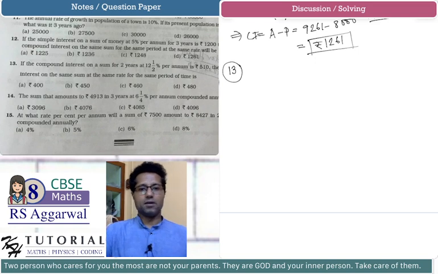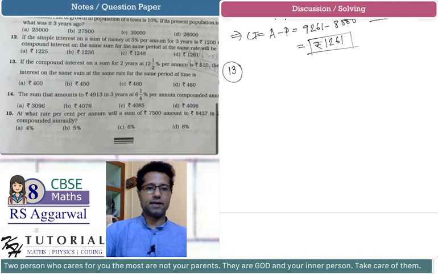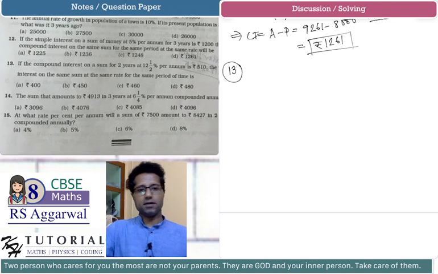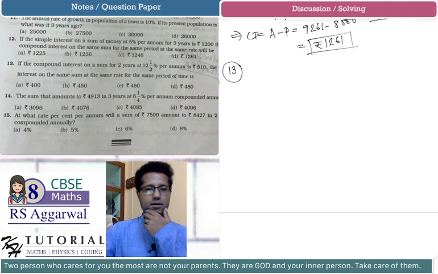Now when it is given that the interest is being compounded annually, it is not said otherwise. By default we can assume the interest is being compounded annually, that is u is equal to 12 months.